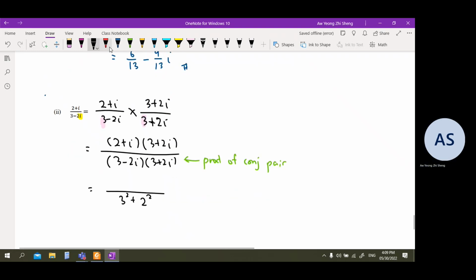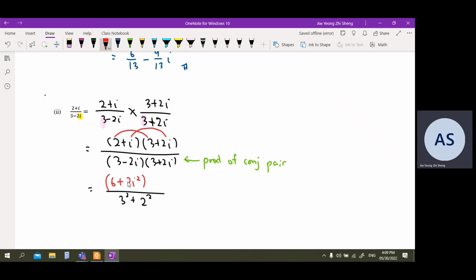At the numerator, I'm going to expand it using the suggested method, where I will take 2 times 3 and also i times 2i. I'll write these two combinations first. That gives me 6 plus 2i squared.